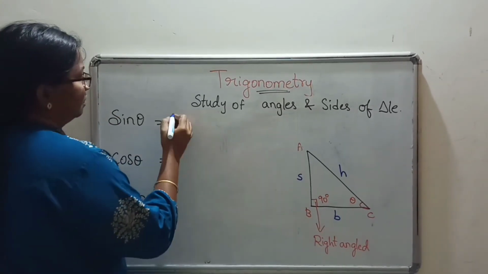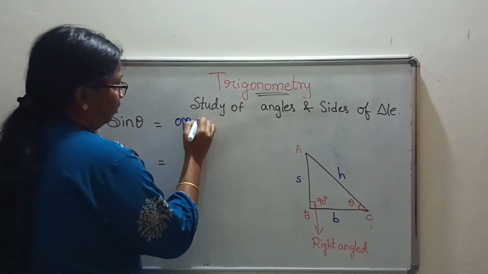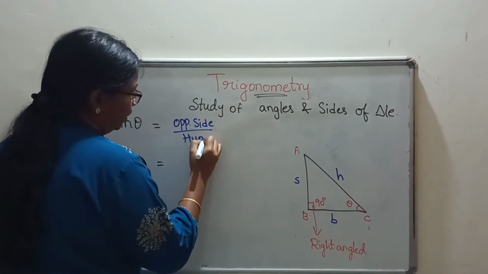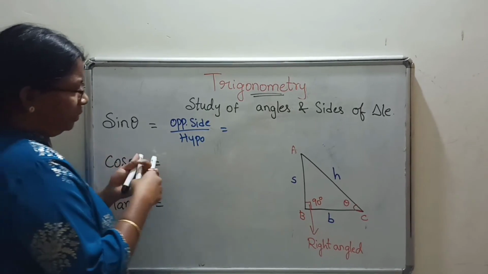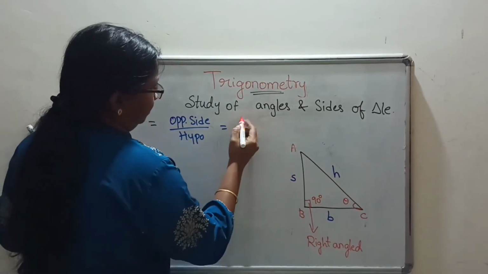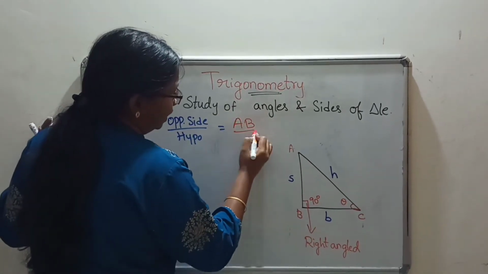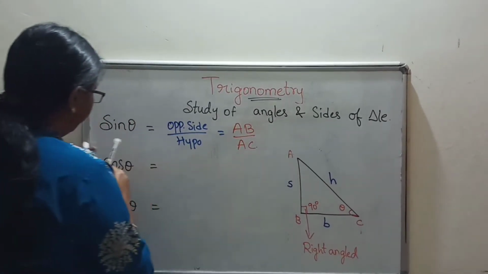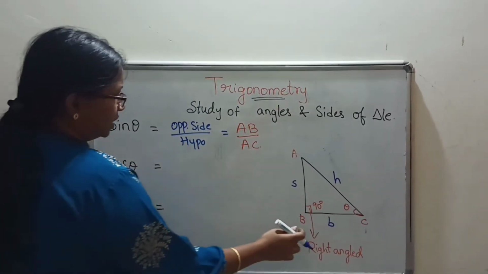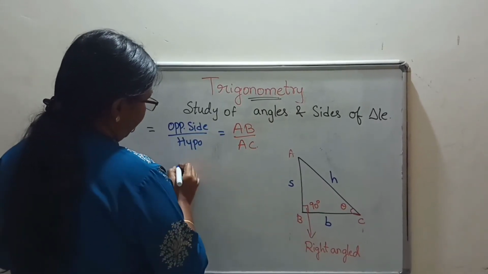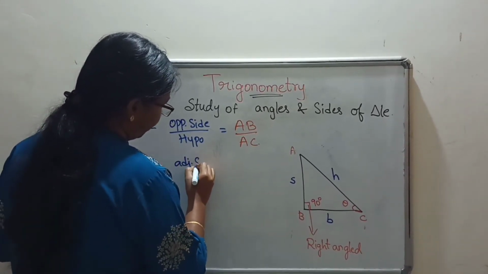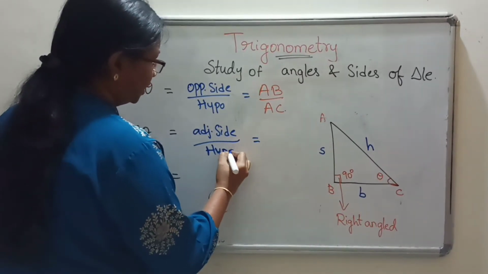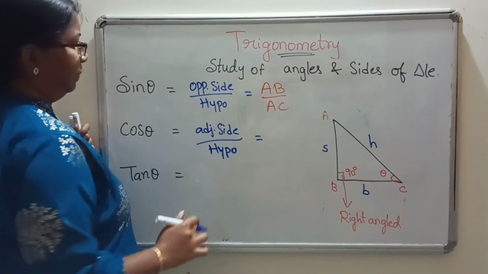Sin theta is the opposite side by hypotenuse. What is the opposite side here? The opposite side is AB, and the hypotenuse is AC. Now cos theta. Cos theta is the adjacent side by hypotenuse.